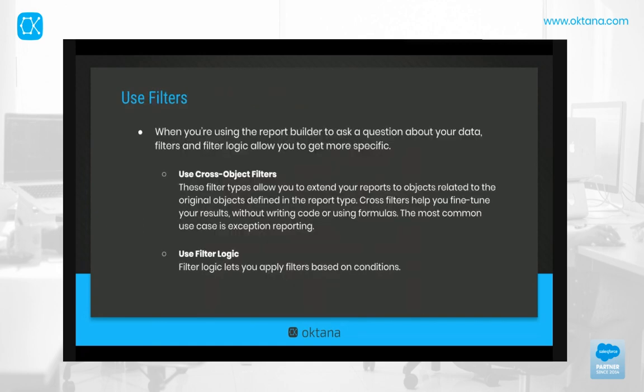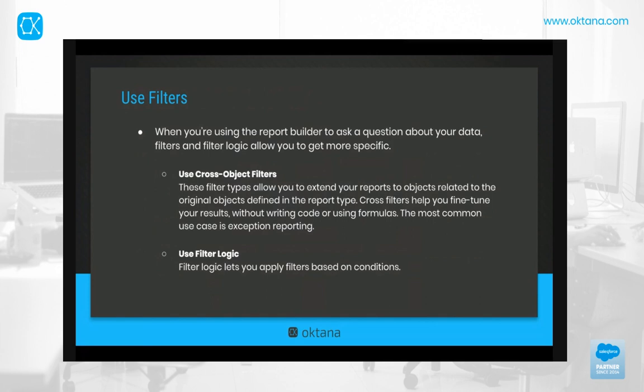One way we can refine our reports is by using filters. When you use the Report Builder to ask a question about your data, filters and filter logic allow you to be a little bit more specific. You can use cross-object filters, or you can even use something called filter logic.